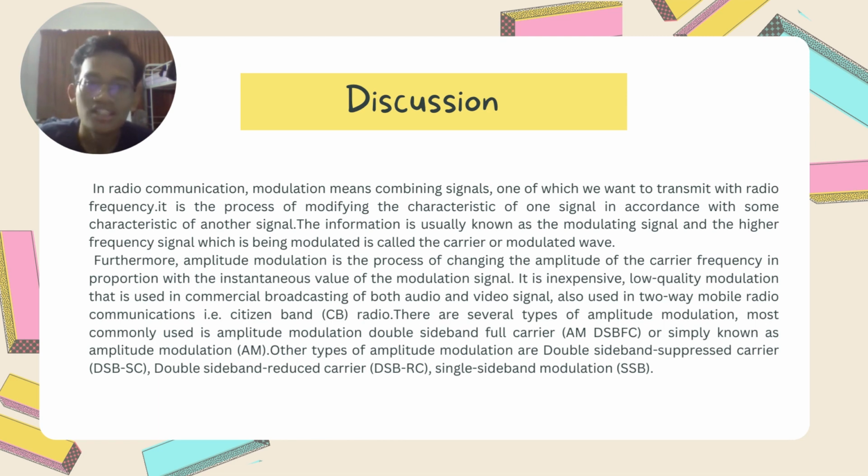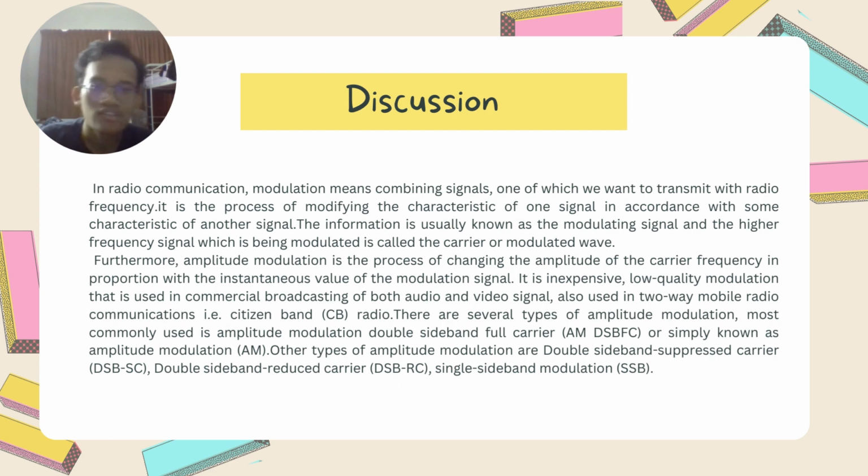Amplitude modulation is the process of changing the amplitude of the carrier frequency in proportion to the instantaneous value of the modulating signal. It is a relatively inexpensive, low-quality form of modulation that is used in commercial broadcasting of both audio and video signals.